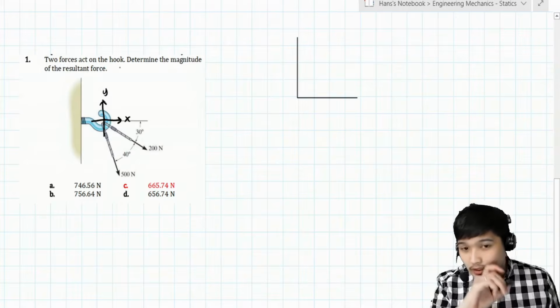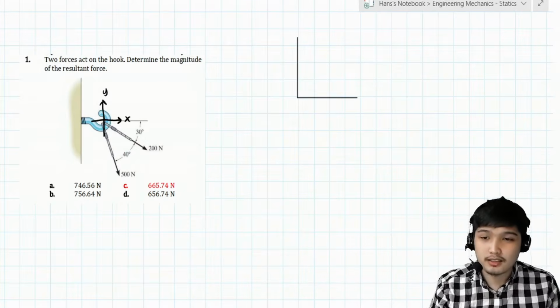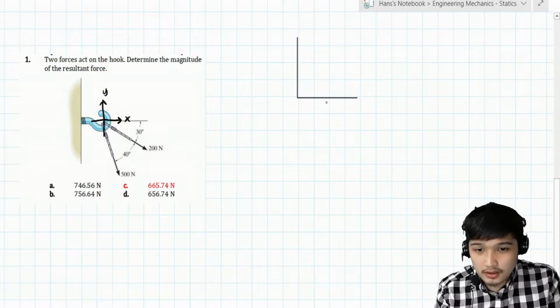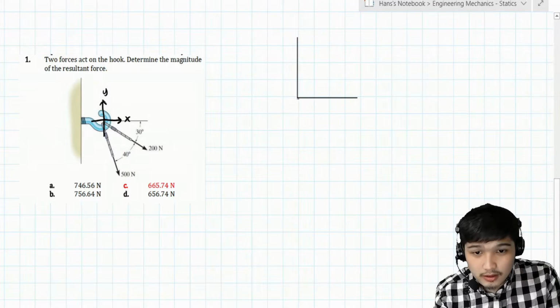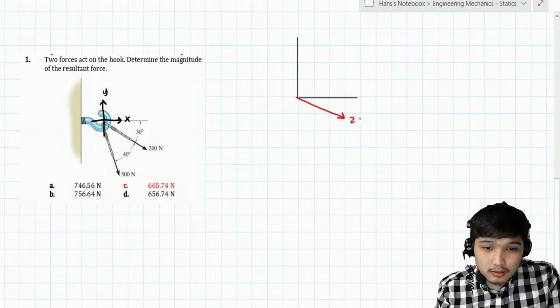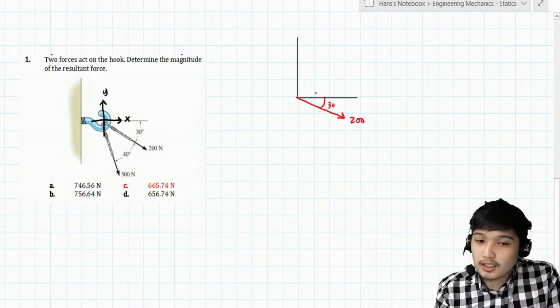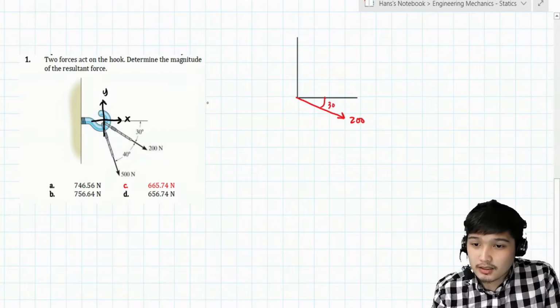So, try lang muna natin class mag-drawing nito ng scaled. So, let's say itong 200 Newton force is directed towards this direction. So, ito siya, 200. Angle is 30. And then yung isa, 500.